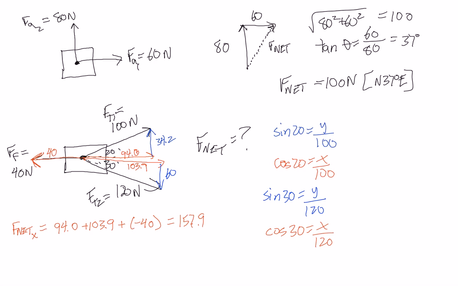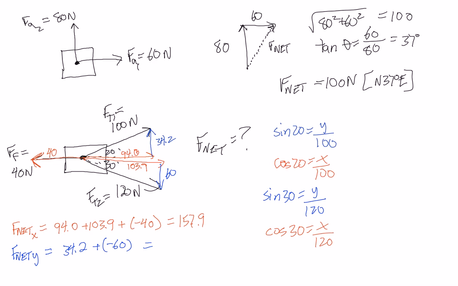Then we want to do the exact same thing for the vertical direction. So our F net vertically, in the y direction, will be 34.2 upwards, and we're going to add negative 60 downwards. We have no vertical for our friction, so it's just those two.